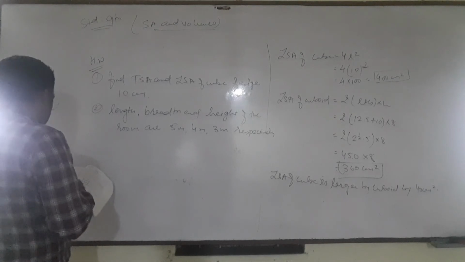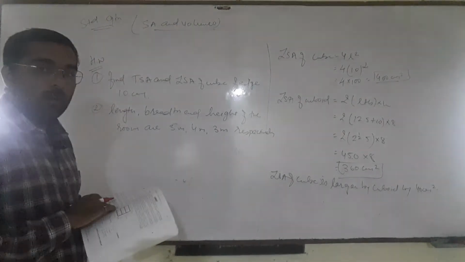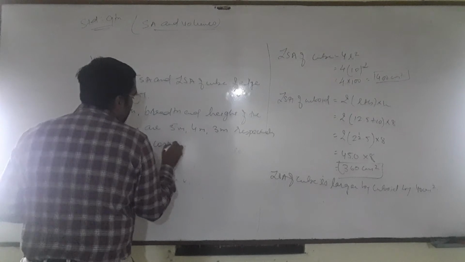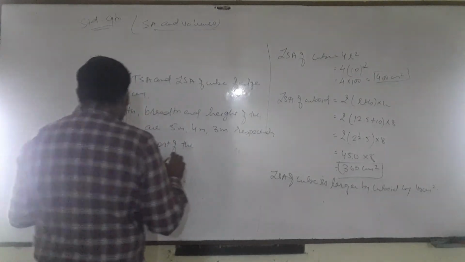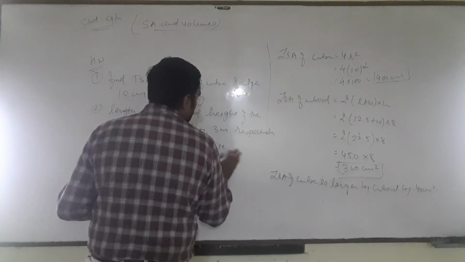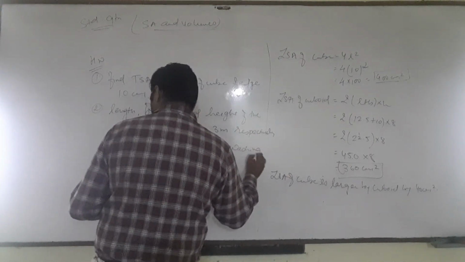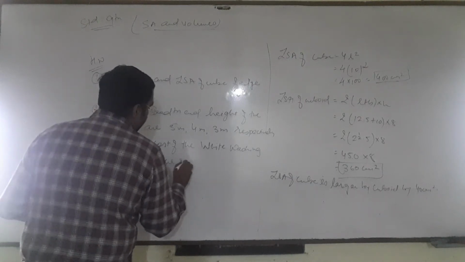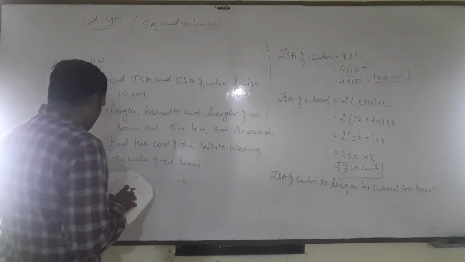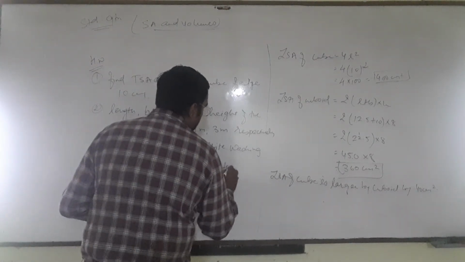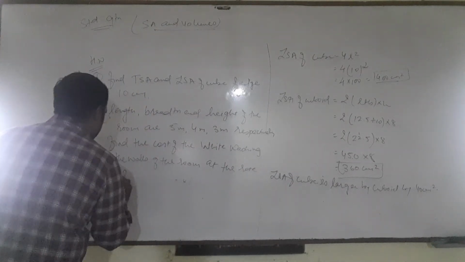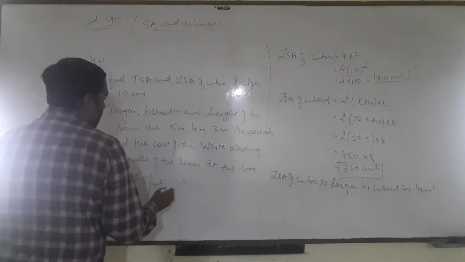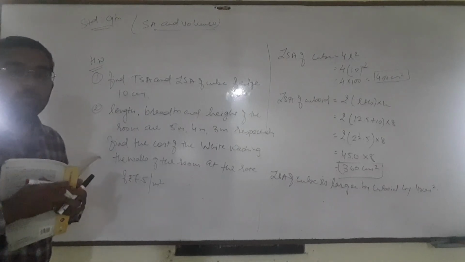Find the cost of whitewashing the walls of the room at the rate of 7.5 rupees per meter square.